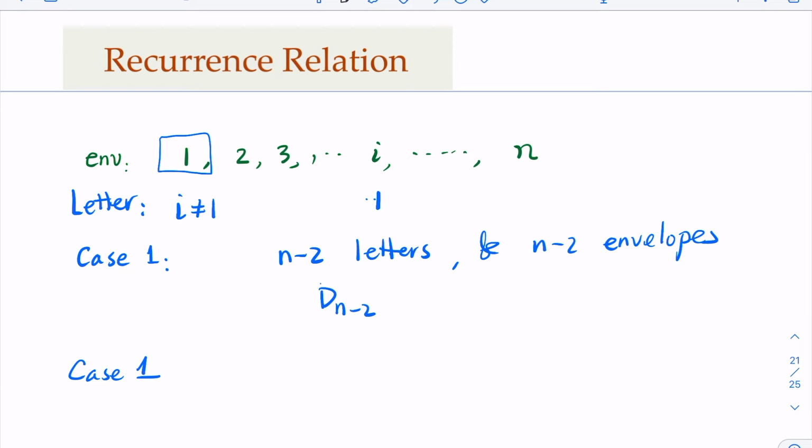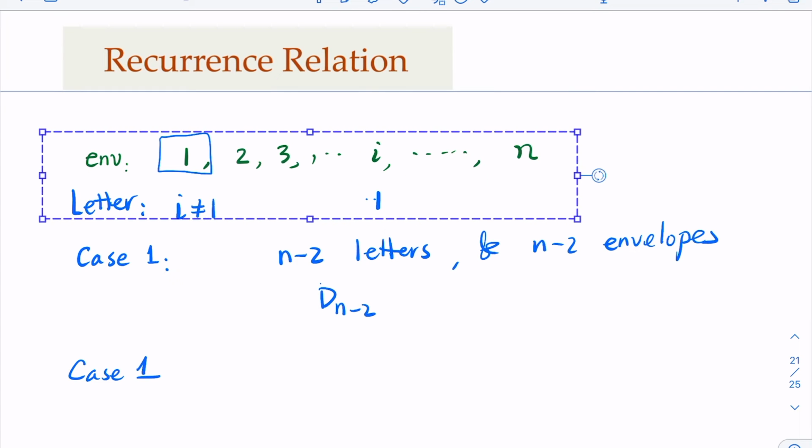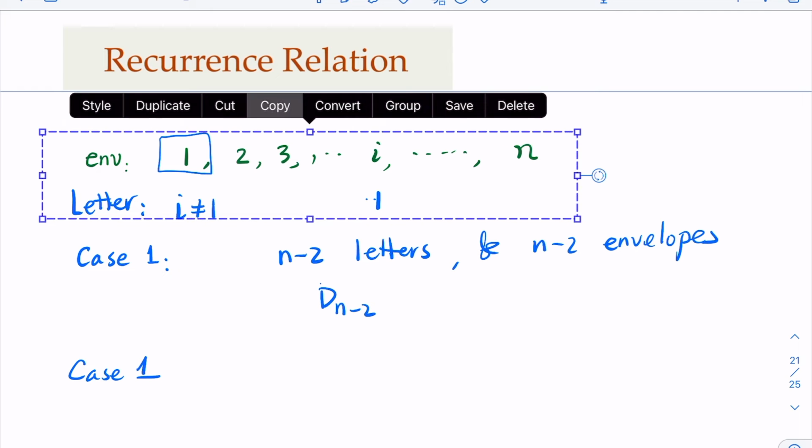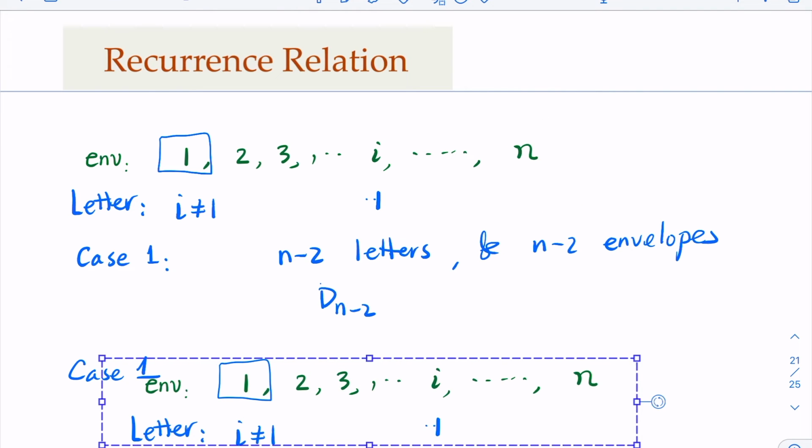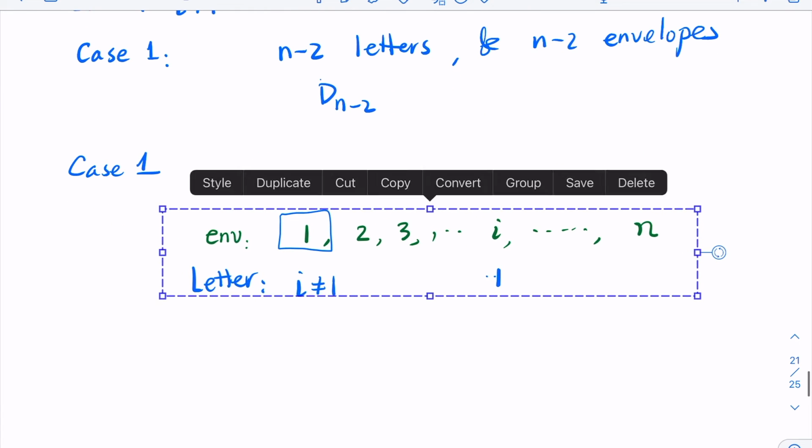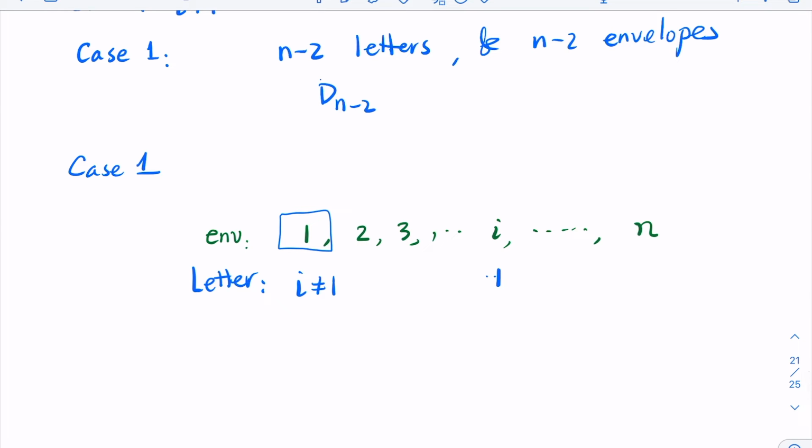The second case is where letter i does not go to envelope 1. Let's copy this here, paste it here. So what do you have? In this case, letter i doesn't go to envelope 1.